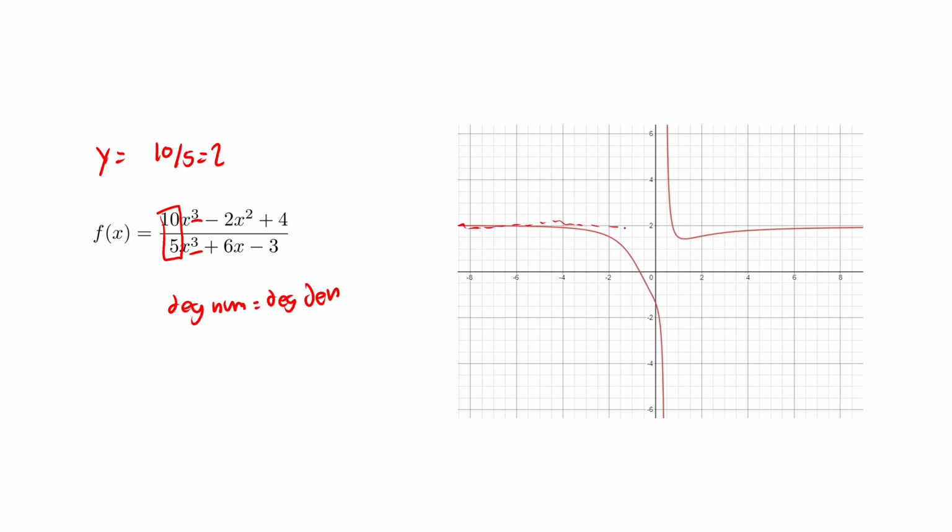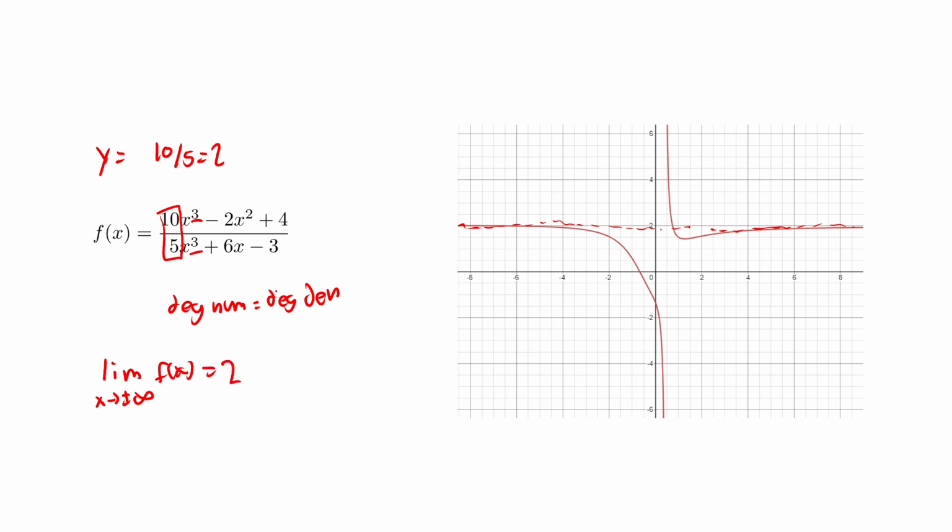We'll see that the horizontal asymptote is actually at y equals 2. And that, of course, indicates to us that the limit as x approaches plus or minus infinity of our function is going to be 2.